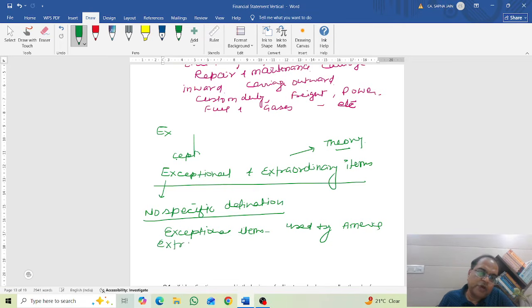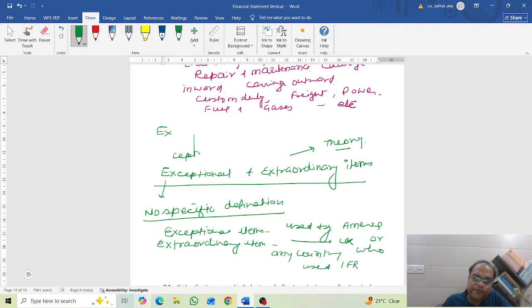An extraordinary item is used by UK or any country who uses IFRS.